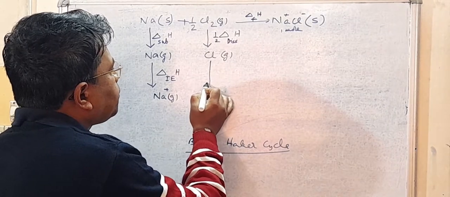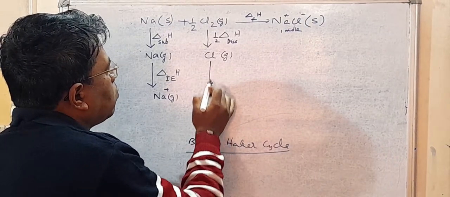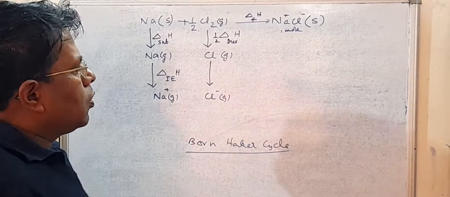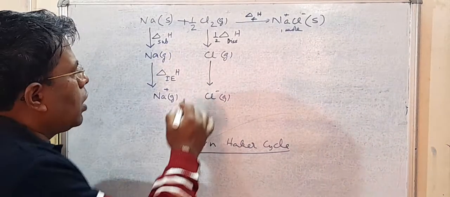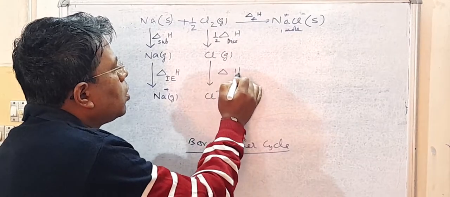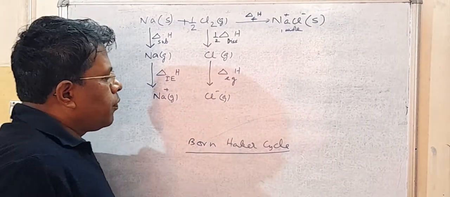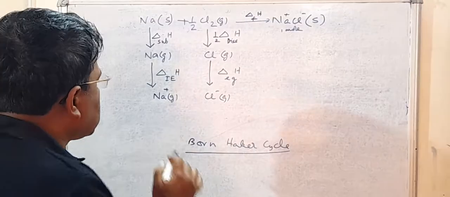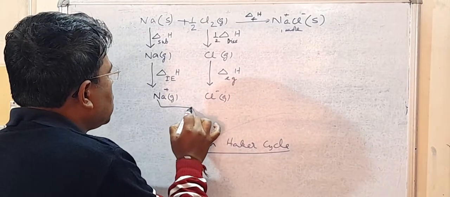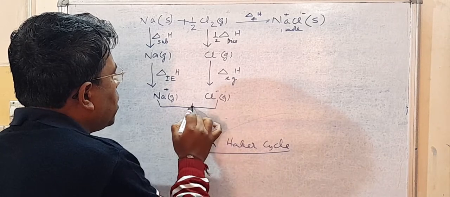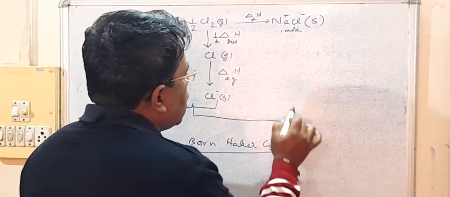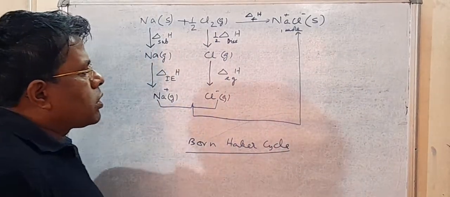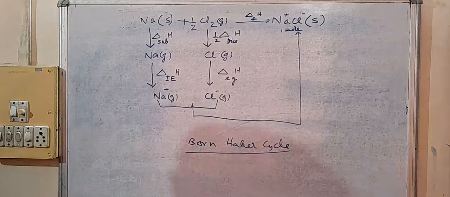Then Cl gaseous to Cl minus gaseous, you know, an electron is gained, and here the enthalpy is called electron gain enthalpy. Now this sodium ion and chloride ion will combine and form sodium chloride solid.